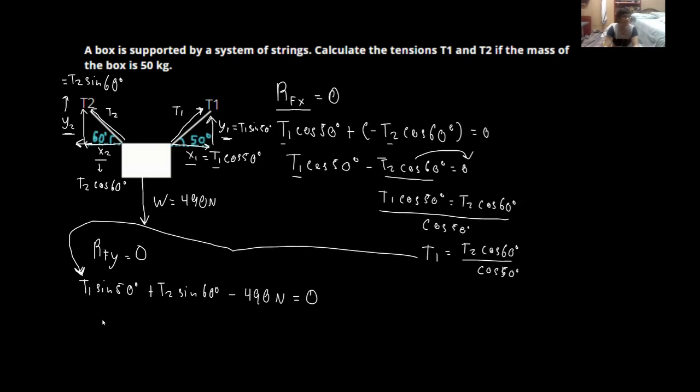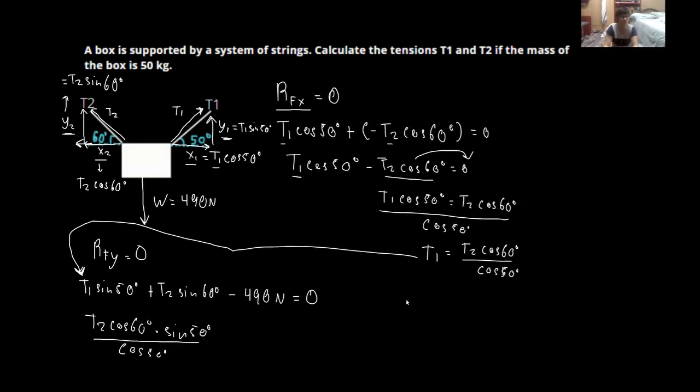Dahil dyan, T1 is equals to T2 times cosine of 60 degrees, times sine 50 degrees all over cosine 50 degrees. Paano ito nangyari? Kasi if you're going to multiply a fraction and a whole term, mapupunta siya sa numerator.